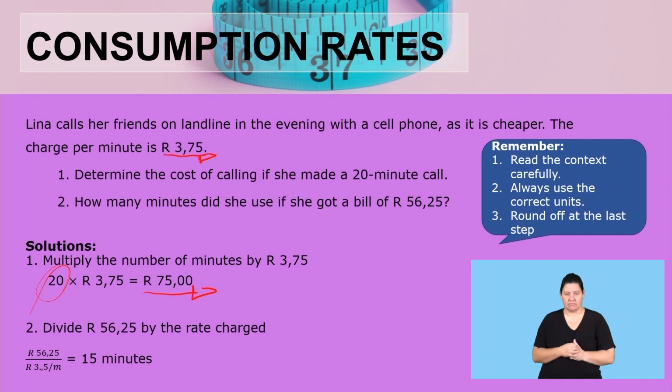And then for us to calculate the number of units or minutes that we need, we take the amount and divide it by the cost rate. And then we will get the number of minutes that we need. So in summarizing this section, the consumption rates and cost rates are calculated exactly the same. The difference is that these ones have got to deal with the tariffs.